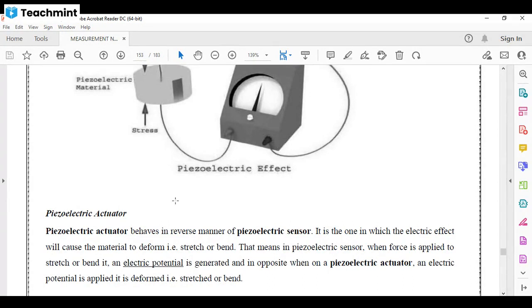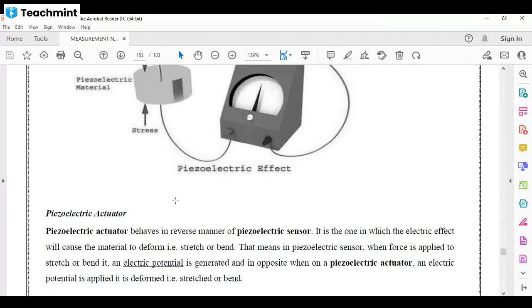It follows the reverse rule of the piezoelectric sensor, meaning that an electric effect will cause the material to deform, stretch or bend. In a piezoelectric sensor, when a force is applied to stretch or bend it, an electric potential is generated, and in the opposite case, when an electric potential is applied to the actuator, it deforms, stretches or bends.